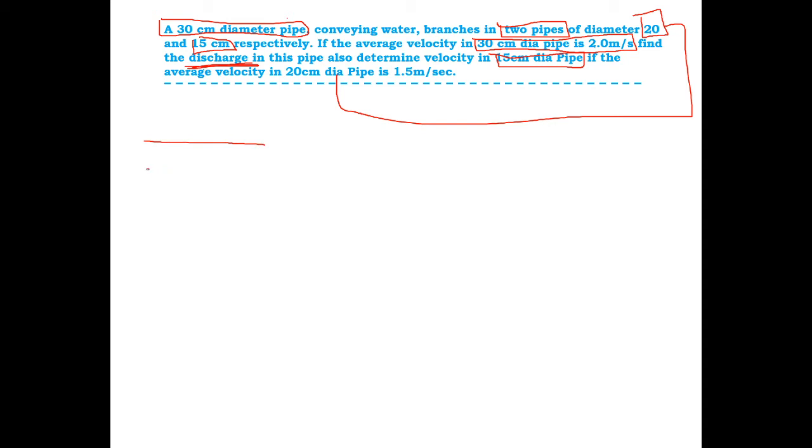We have two pipes. It is connected to the main pipe. This is the other branch pipe. These are the branch pipes. Okay, this pipe diameter d1 is equal to 30 centimeters.